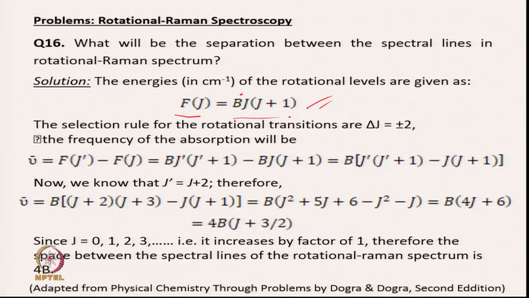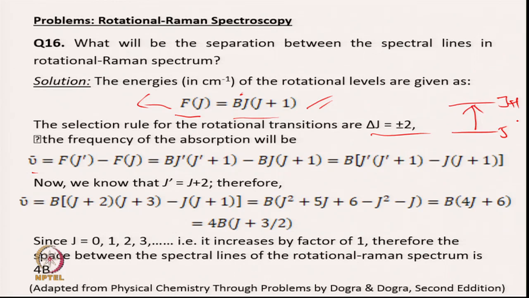So, F is given by B J (J plus 1), and let us take this in centimeter inverse, then B is in centimeter inverse. Now, the selection rule for rotational Raman transition is delta J equal to plus minus 2, which I have already discussed. So, let us calculate nu bar. Nu bar is the wave number for the transition between J and J dash.